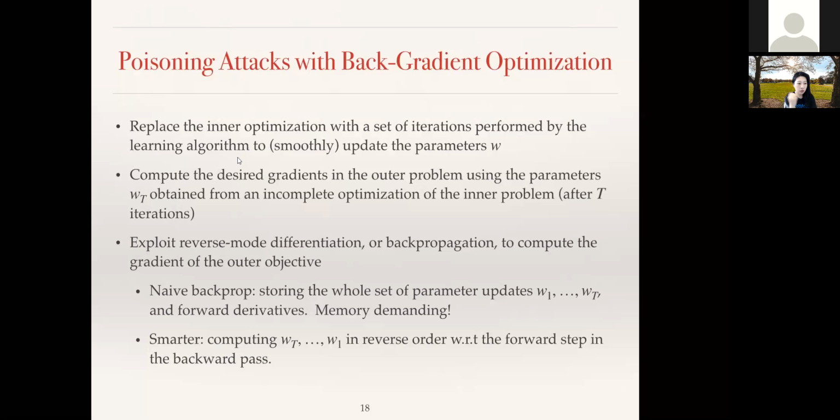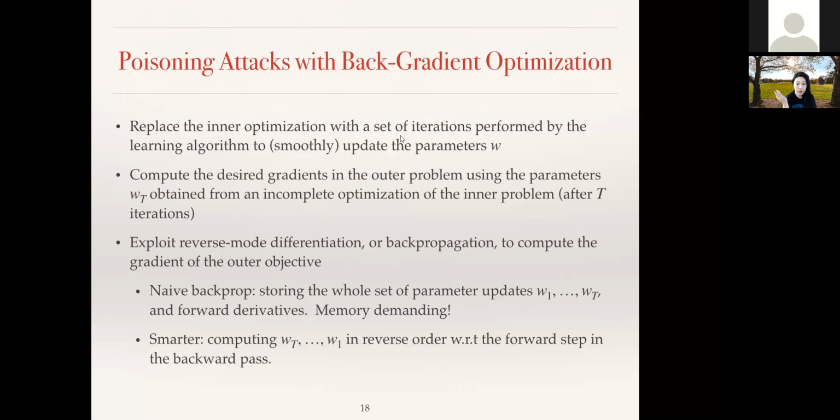The reason is, if you consider how you would solve the minimization problem, usually you would do gradient descent or some variant of it, but you would run until convergence. Here it is saying, I don't want to run until convergence because it's too expensive.